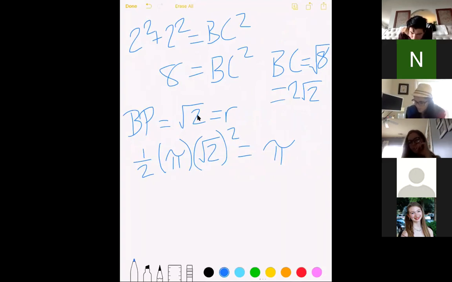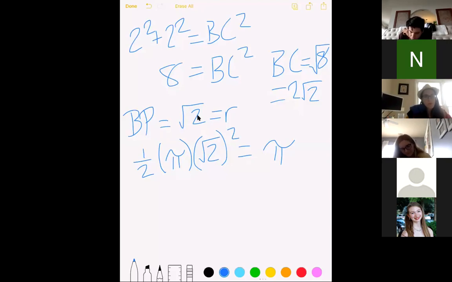Did anybody see where I went wrong? My question is, when we're doing the area of the bigger circle, we're pretending that it's a full circle and not just that little part. Wait, sorry, say that again. When you did 1/2 times pi times the square root of 2 squared, why did you do that?